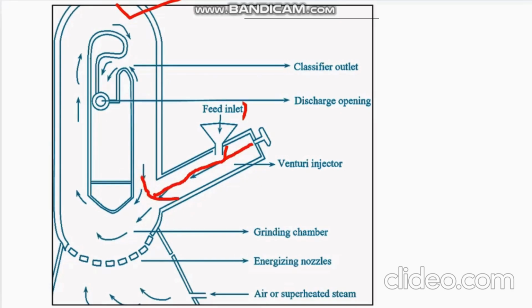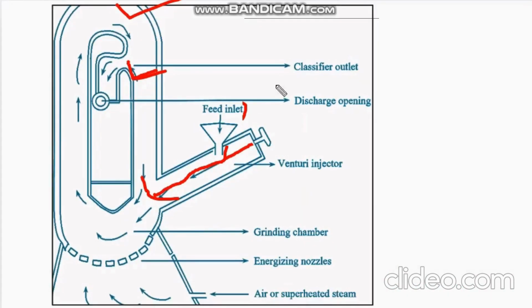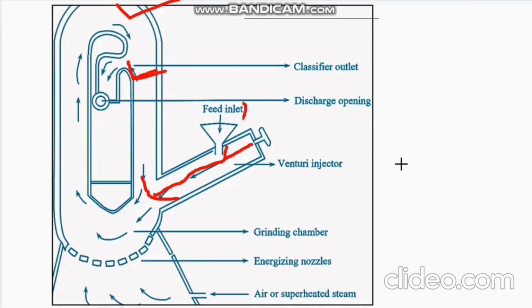And the next one is particle fluidization. The particle energizing nozzles inject a high velocity air stream, causing the particles to become fluidized. Whenever the feed, that is the sample, is introduced in the fluid energy mill, what happens?